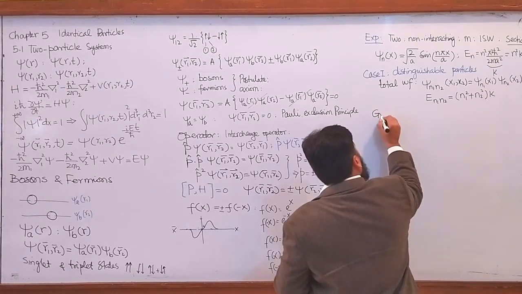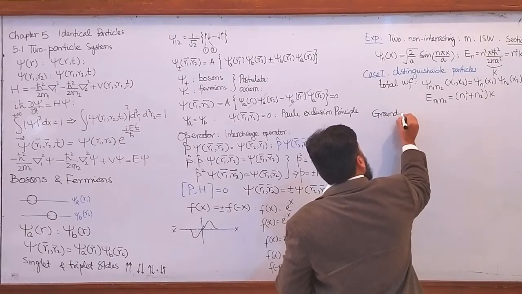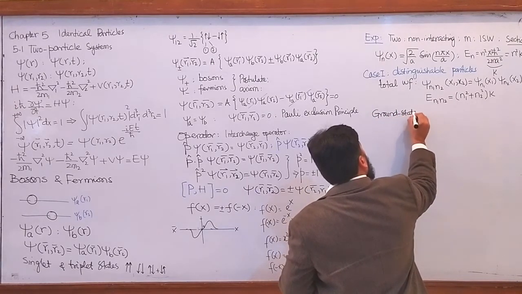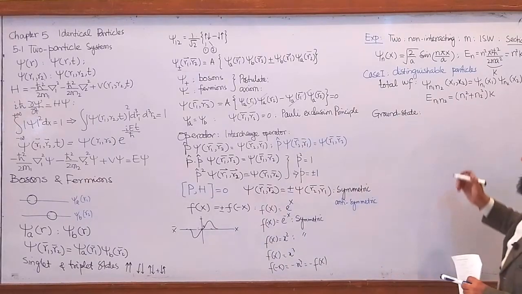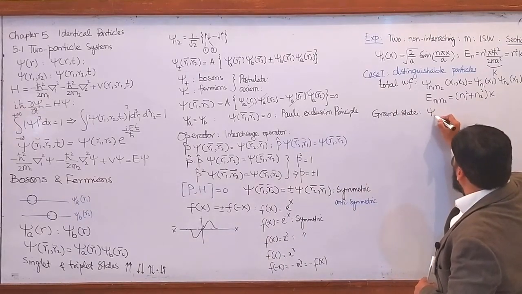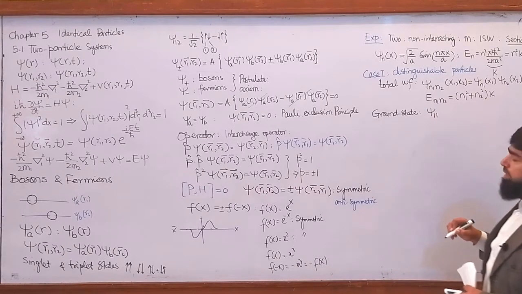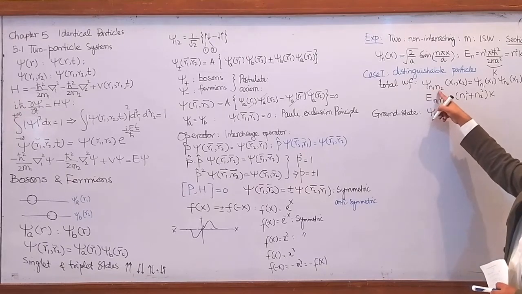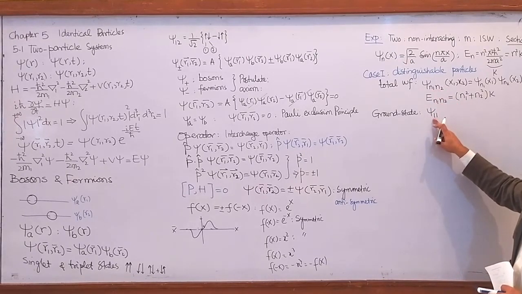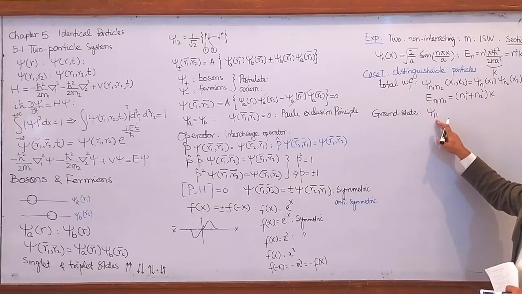Now, the ground state means the unexcited state. So the ground state will be psi 1,1, when both the particles are in the first level, n1 is equal to 1, n2 is equal to 1.